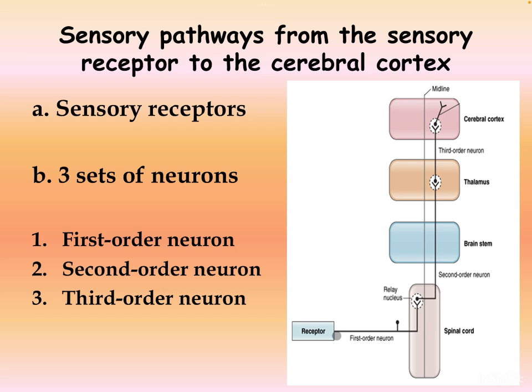The second order neuron crosses the midline either in the spinal cord, which is shown in this picture, or in the brainstem, which is not shown in this picture, so that information from one side of the body is transmitted to contralateral thalamus and then to contralateral cerebral cortex.